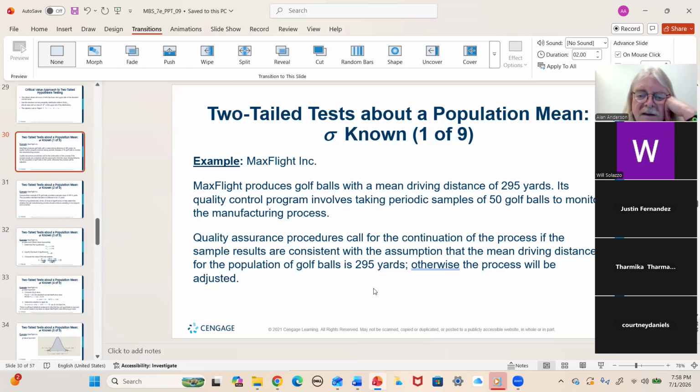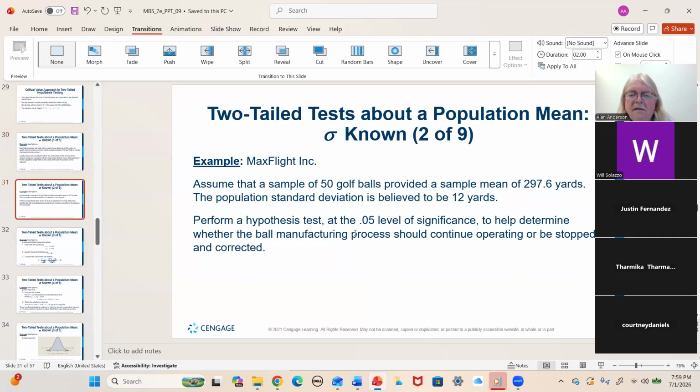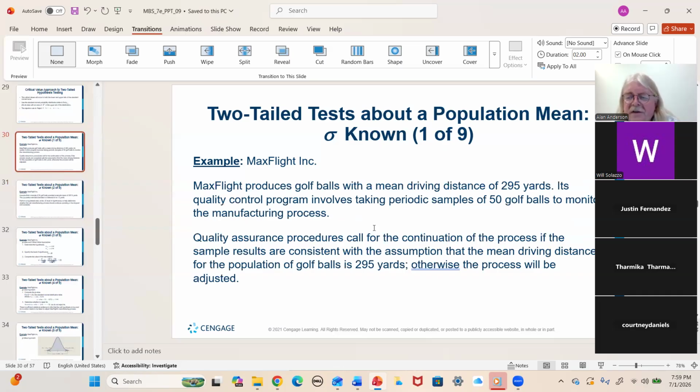All right. So what else do we know? The mean driving distance for these golf balls is 295. So we're basically being asked to test if this is still true.